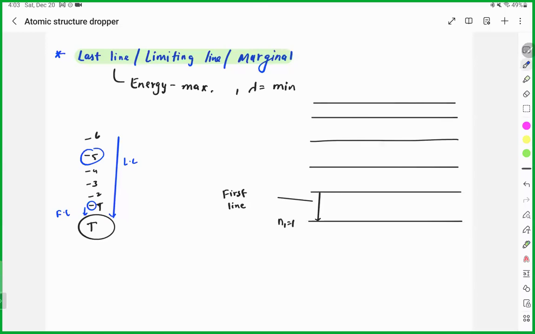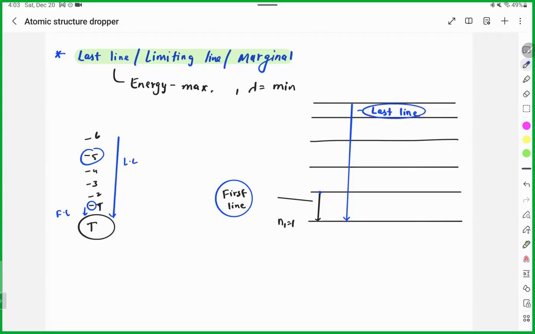Make sense? Yes, sir. From where it is coming. If it is coming from the closest, the first person is coming here. Out of these lines, if the last orbit produces radiation, it will be the last line. Anybody have doubt in this? First line and last line, what is the meaning of this?